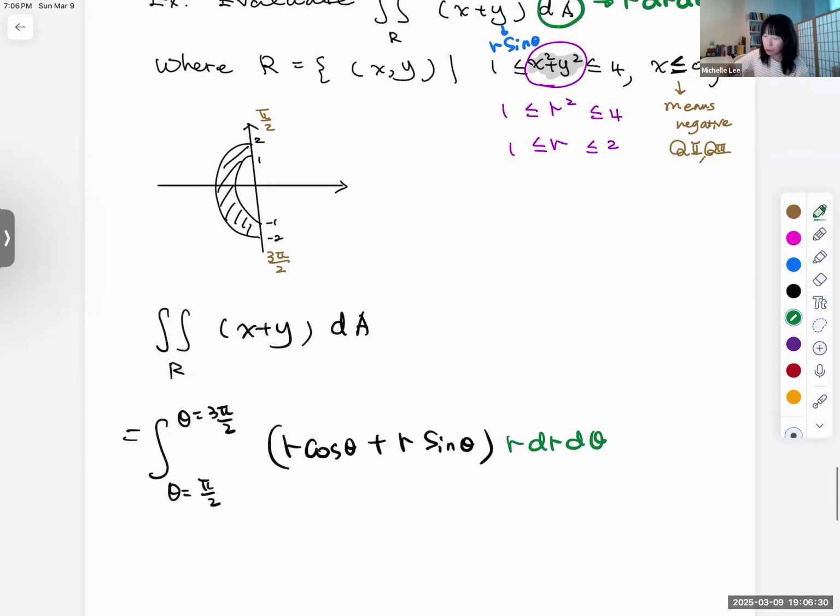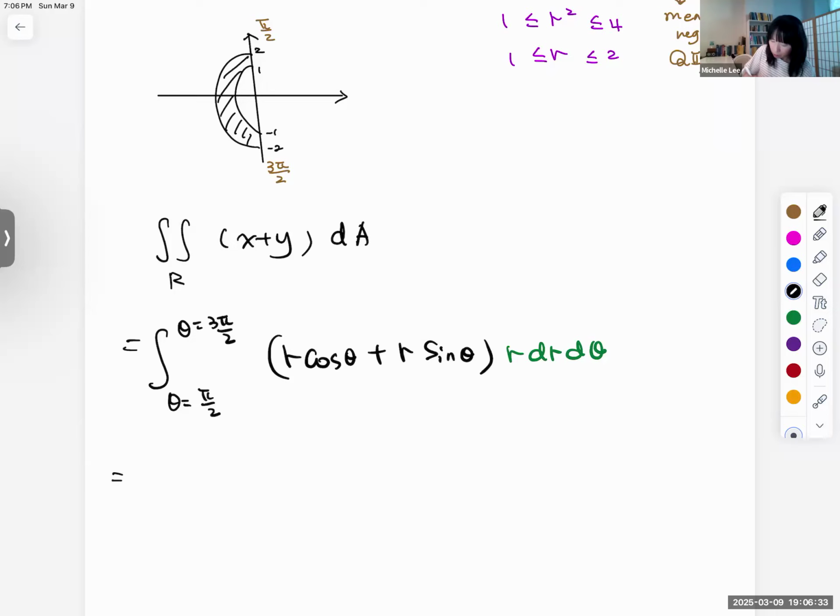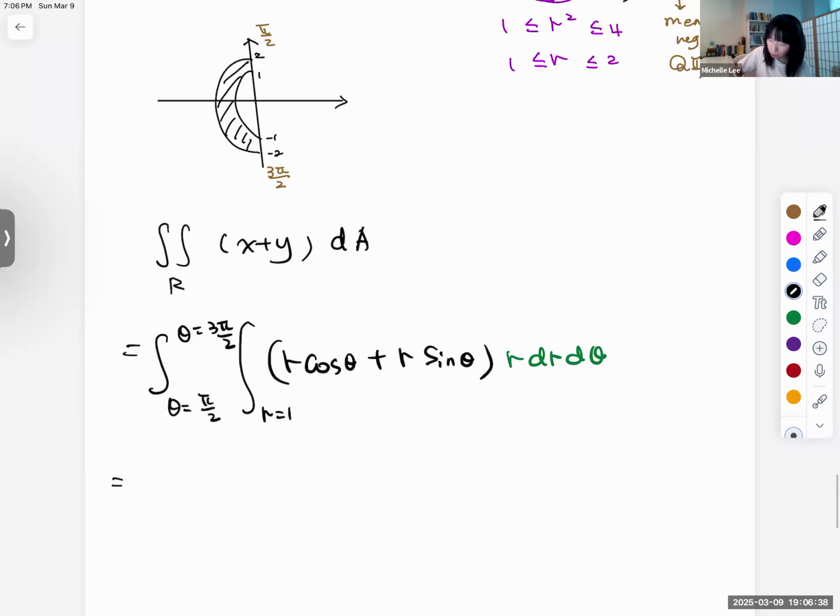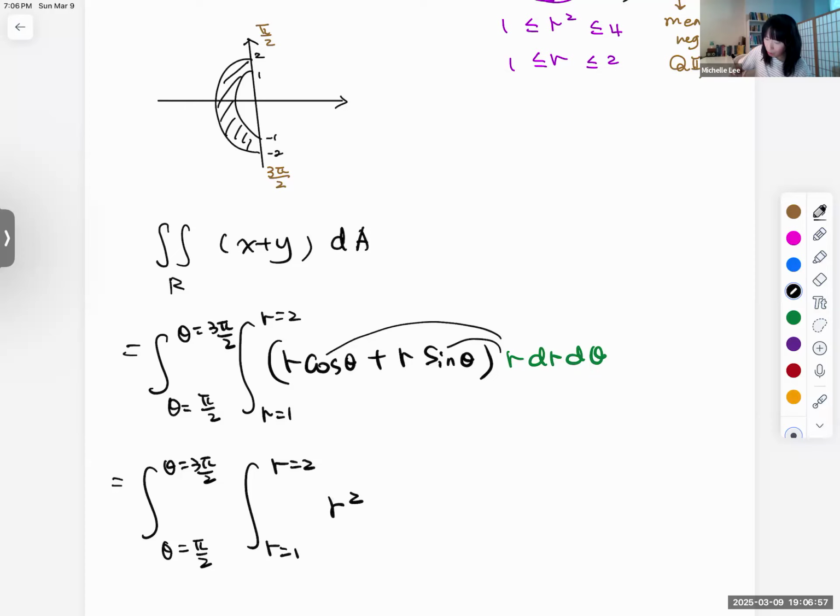Okay, now we distribute r. Oh, mistake. R equal to from 1 to 2, right? So we distribute, r equal to 1 to 2, so r squared cosine theta plus r squared sine theta, and the dr d theta, right? Whew, I didn't make a mistake, right?